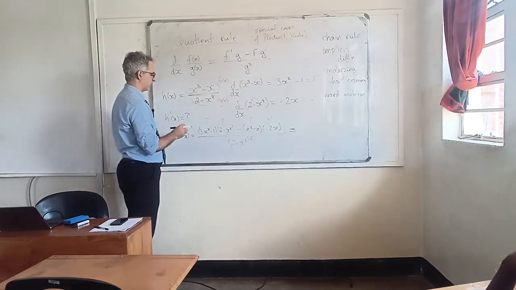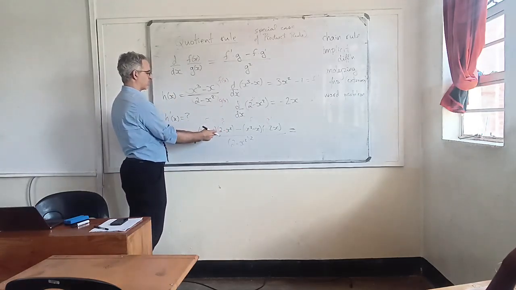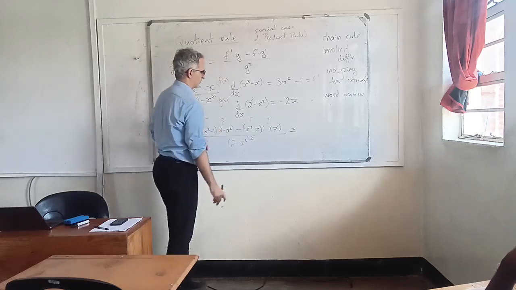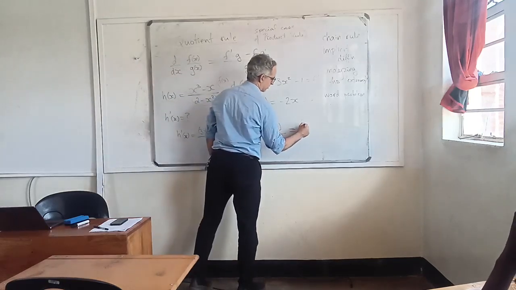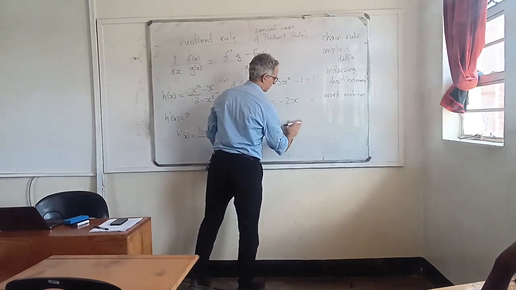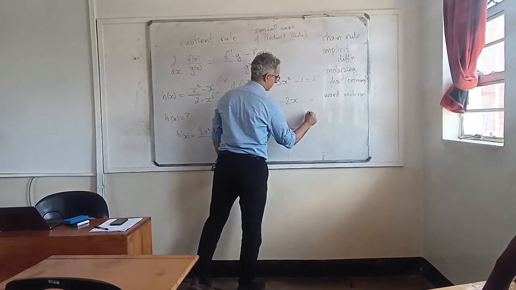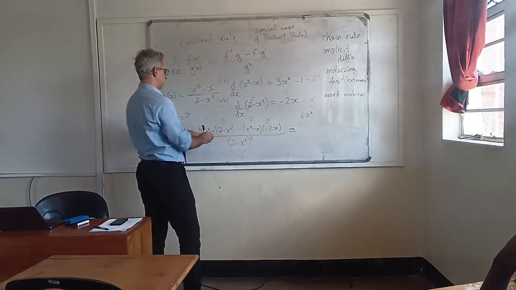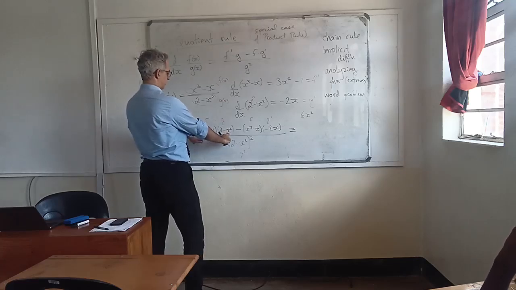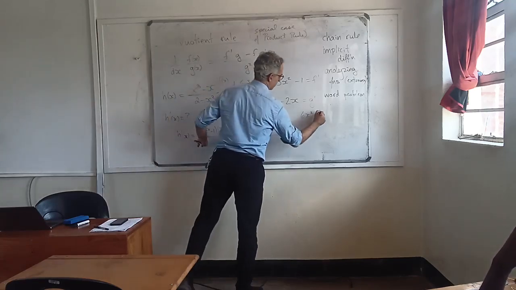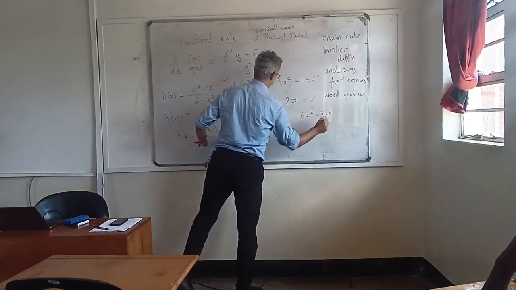Actually, no, we could do that after. We'll just take them in sequence, right? 3x squared times 2, 6x squared. So we're going to get lots of terms. So let me start writing up here. 6x squared. And then this one with that one is minus 3x to the power 4.